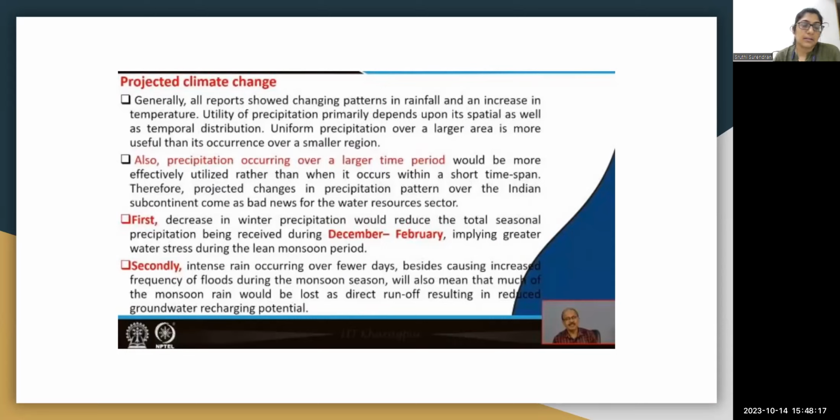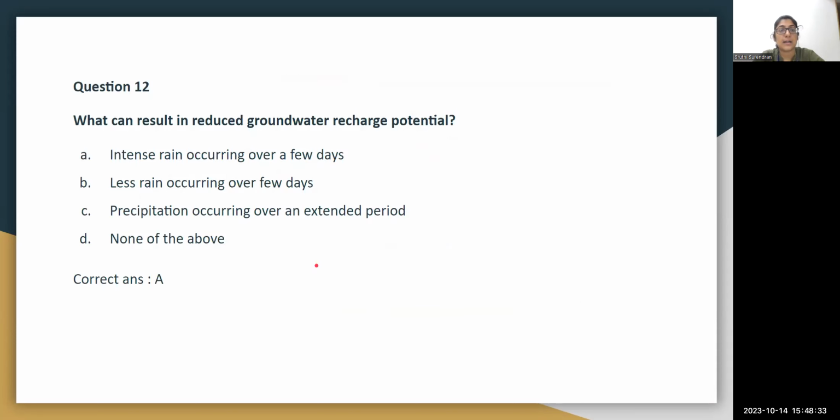This is in turn reducing the groundwater recharge potential in that particular area where extreme or intense rainfall intensity is increasing. So groundwater recharge potential is reduced as a result of intense rainfall that occurs over a few days.